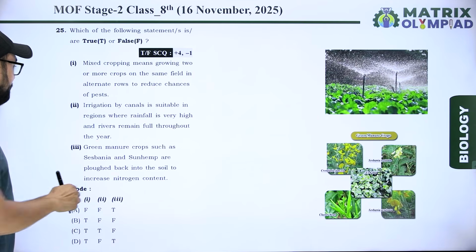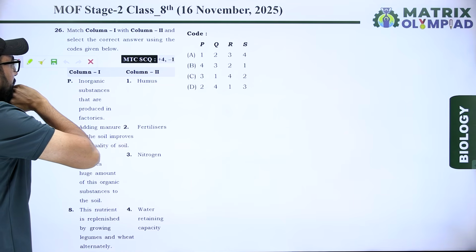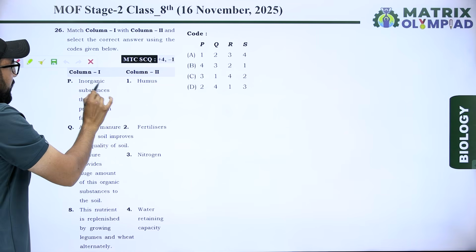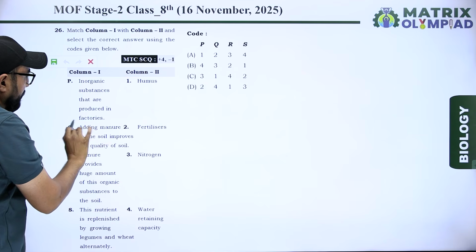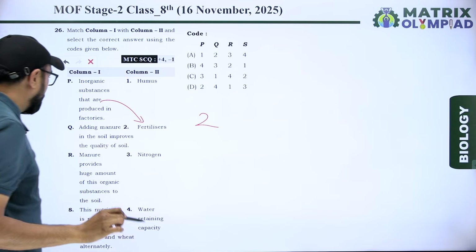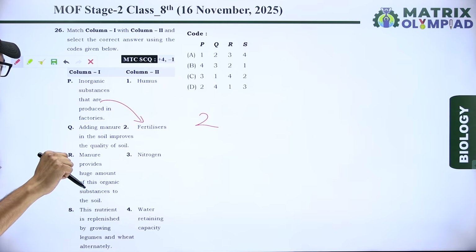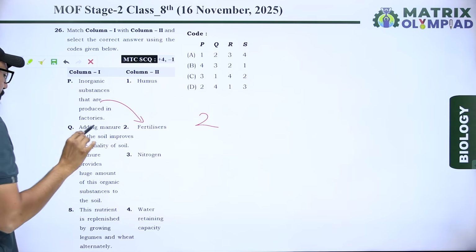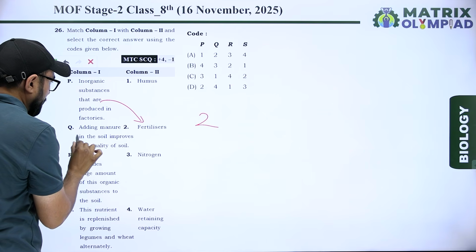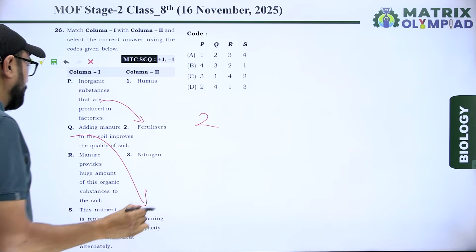Next question: match column first and second. First, inorganic substances that are produced in factory: these are fertilizers. Second, adding manure in soil improves the quality of soil: that is water retaining capacity.